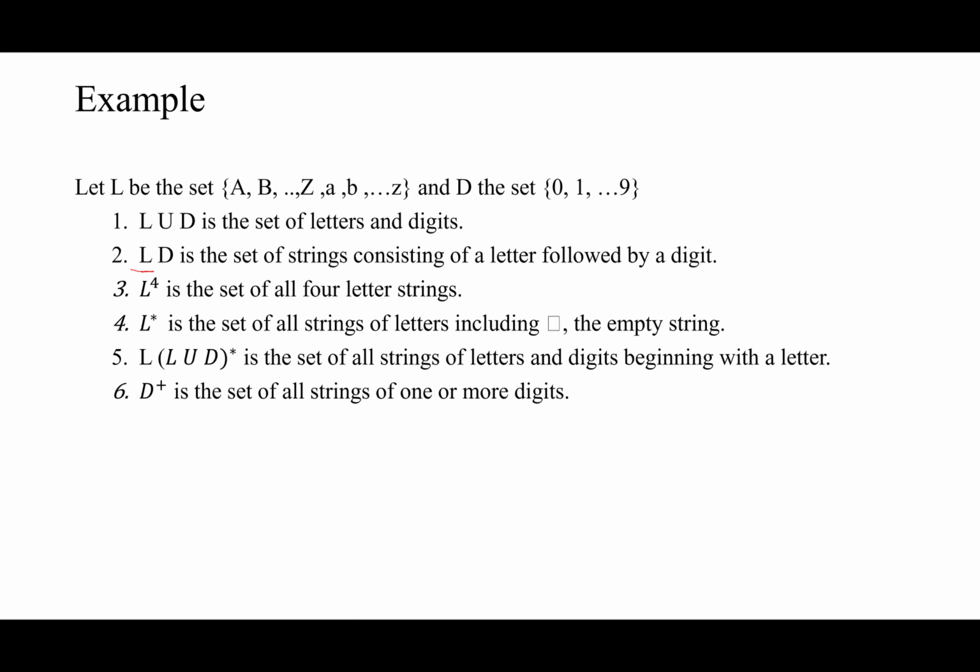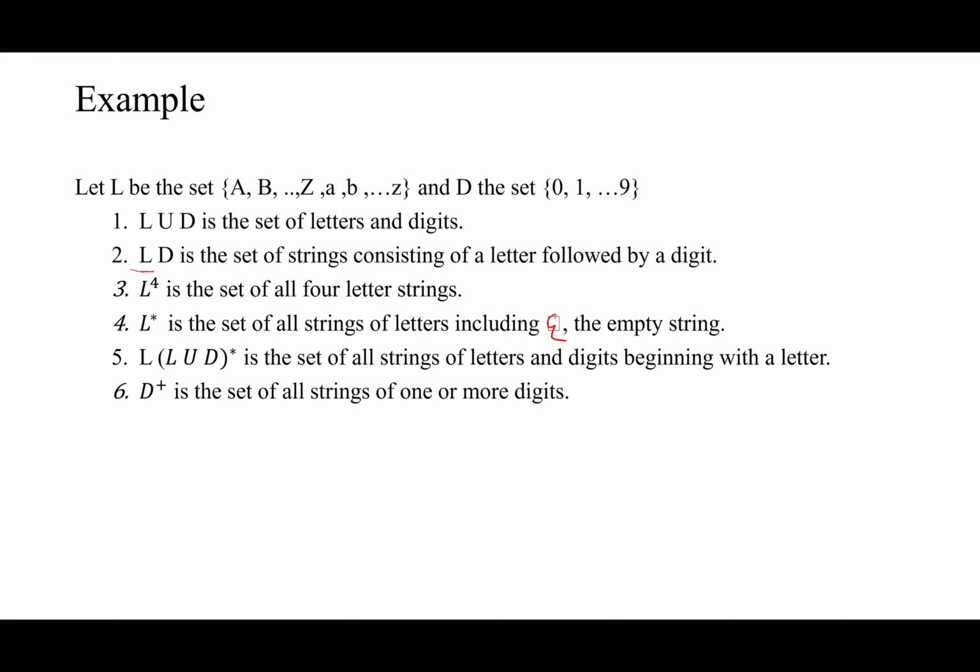Then L power 4. L power 4 means it contains the set of 4 letter strings. Then L star, the set of all strings of letters, including epsilon, the empty string. Then L union D the whole star.